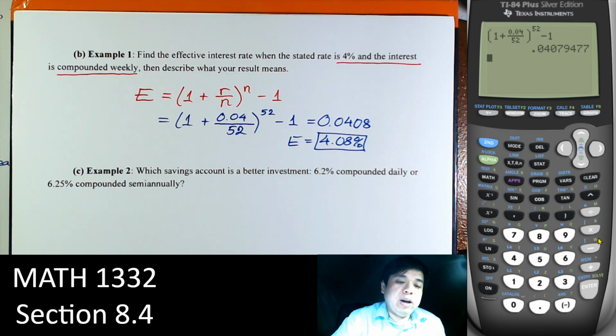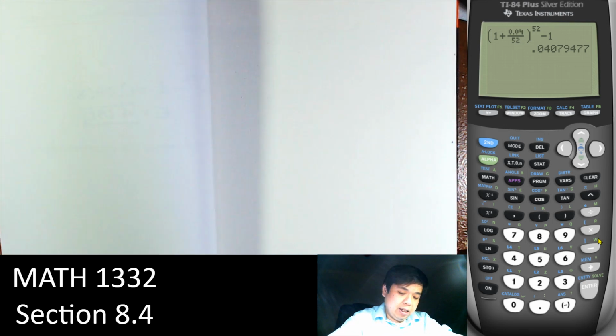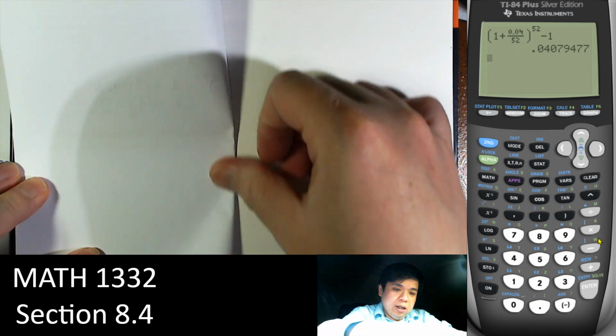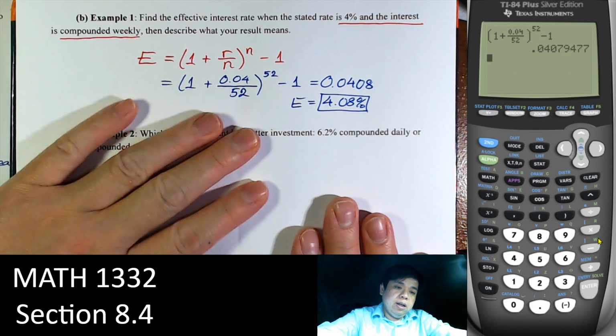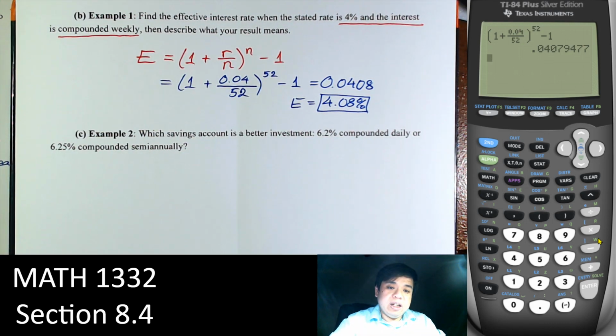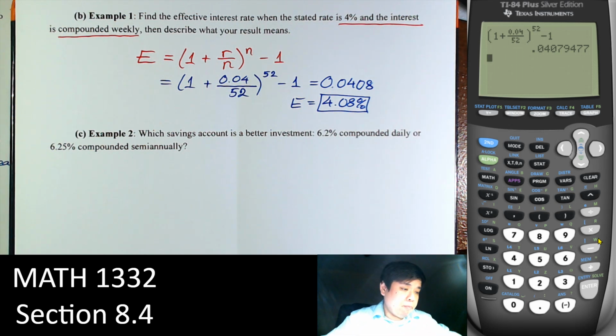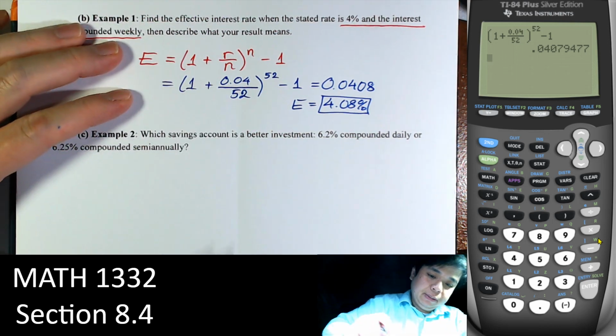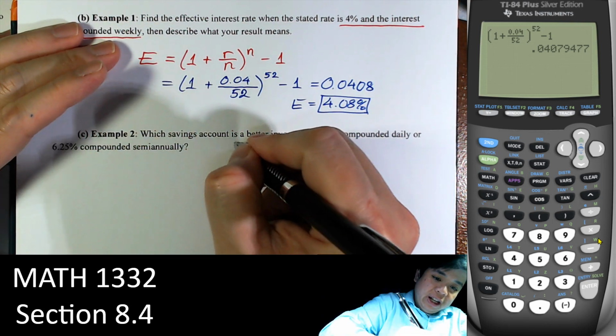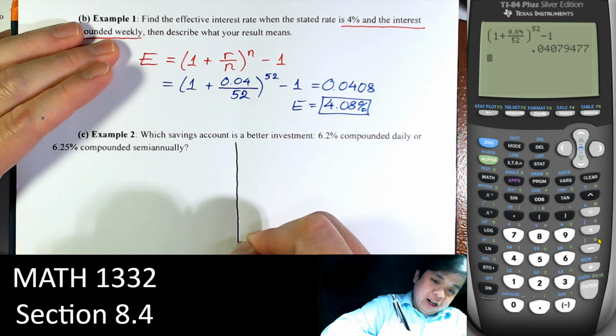Next, which savings account is better? 6.2% compounded daily or 6.25% compounded semi-annually? What we calculate here is, of course, the effective rate for both of them. Whichever gives a better rate will be the better savings account.